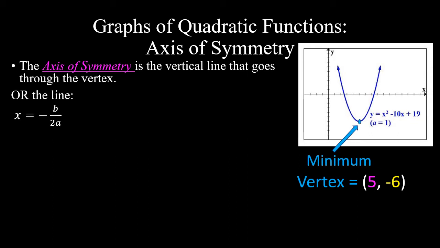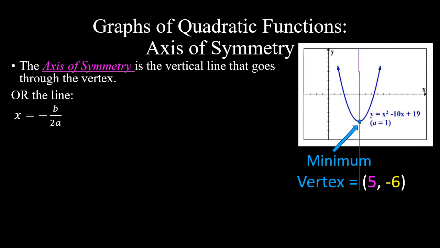Well, we can also say it's the line x equals negative b over 2a. That should look really familiar, right? We just used this formula, negative b over 2a, to find the vertex, to find the x coordinate of the vertex. All that's saying is that the axis of symmetry is the line that goes through the x coordinate of that vertex.